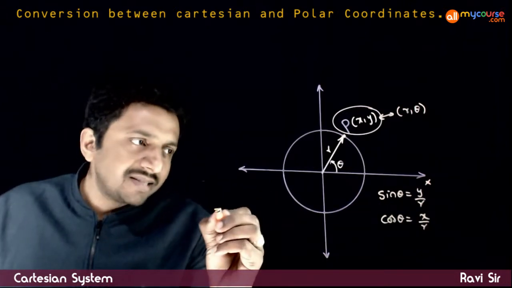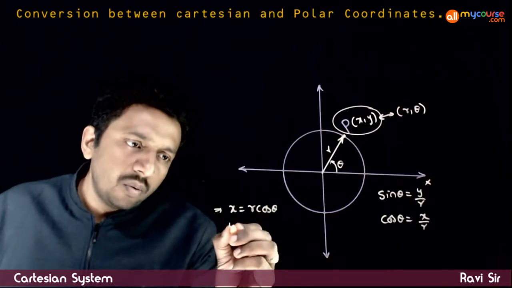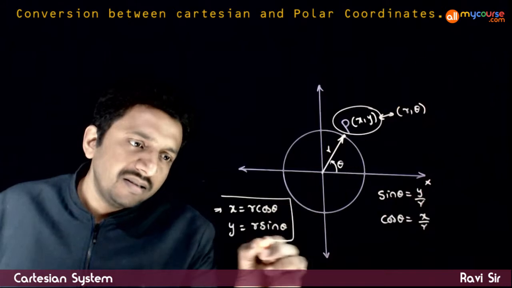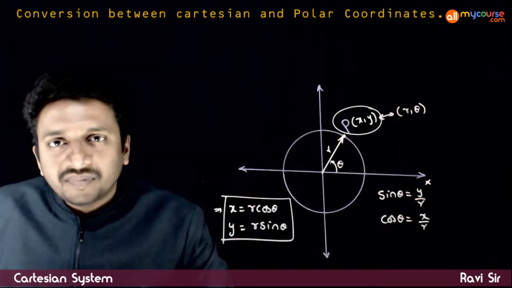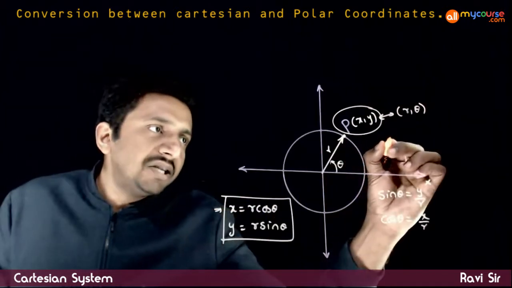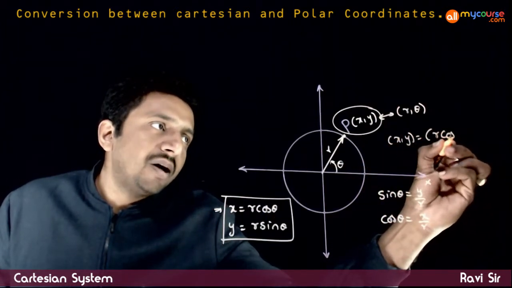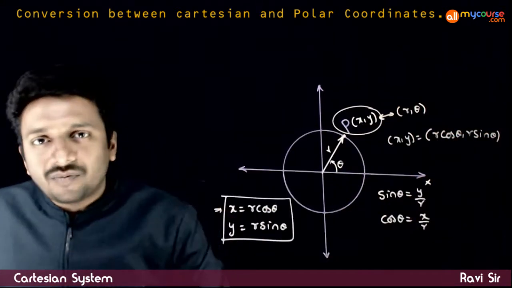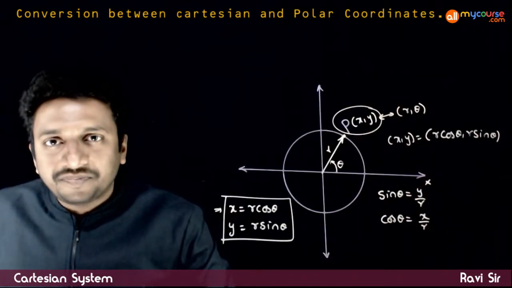So this implies, can I write, x is equal to r cos theta, y is equal to r sine theta. So this is how you get x and y from r and theta. The Cartesian coordinates x comma y are nothing but r cos theta comma r sine theta. That's the conversion from polar coordinates to Cartesian coordinates.